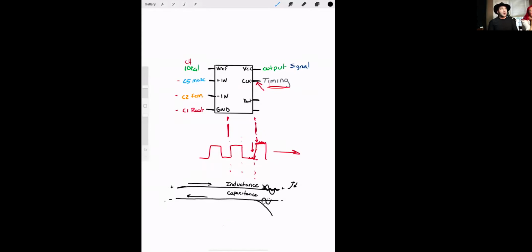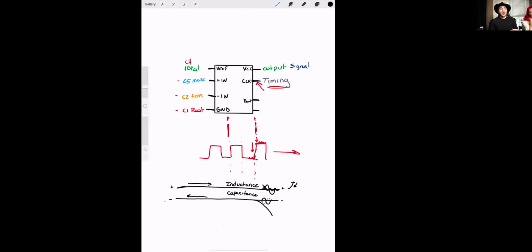Is that true? It can be true. Inductance and capacitance are going to interrelate. When you have really low inductance, that usually means that you have a really high capacitance in that conductor. So there's always that trade-off.